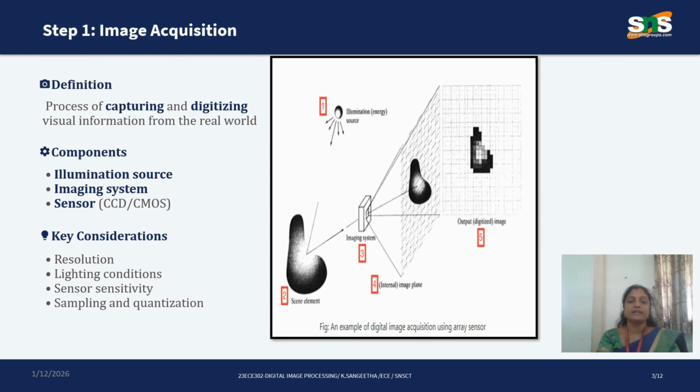We have to consider resolution, lighting conditions, sensor sensitivity, and sampling and quantization techniques. Sampling and quantization are used to convert analog into digital image.